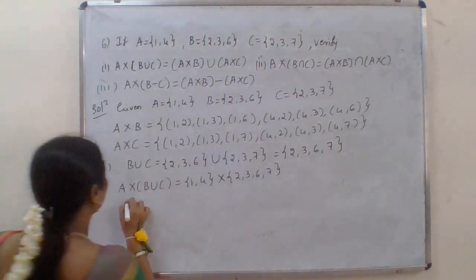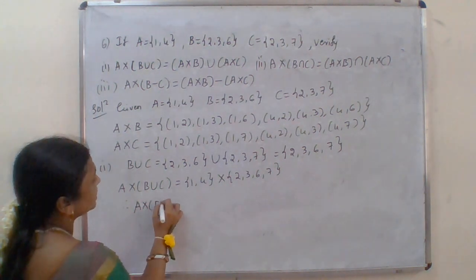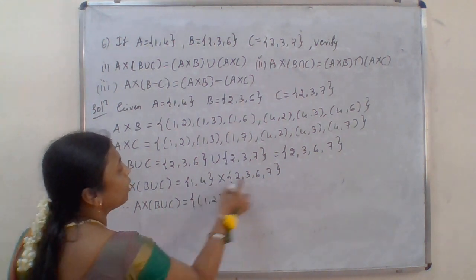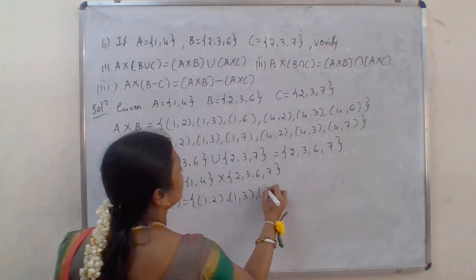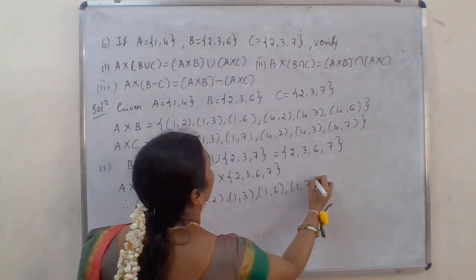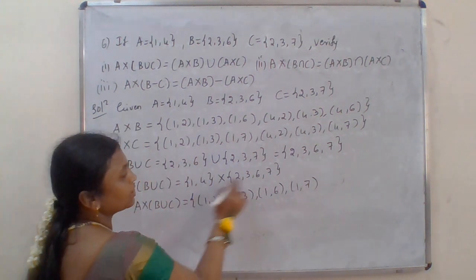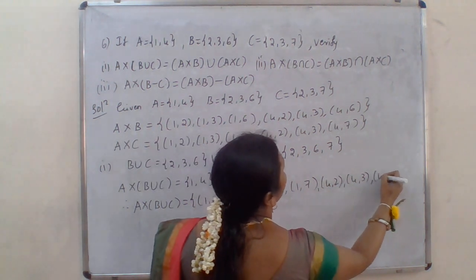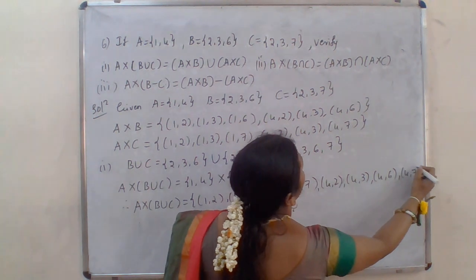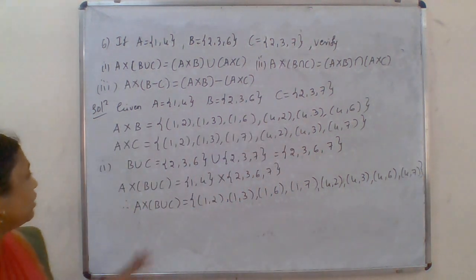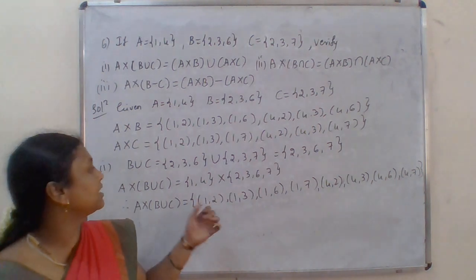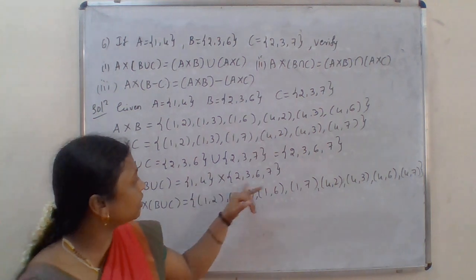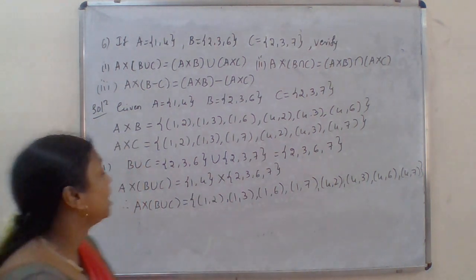Therefore A × (B ∪ C) is equal to (1,2), (1,3), (1,6), (1,7), (4,2), (4,3), (4,6), (4,7).